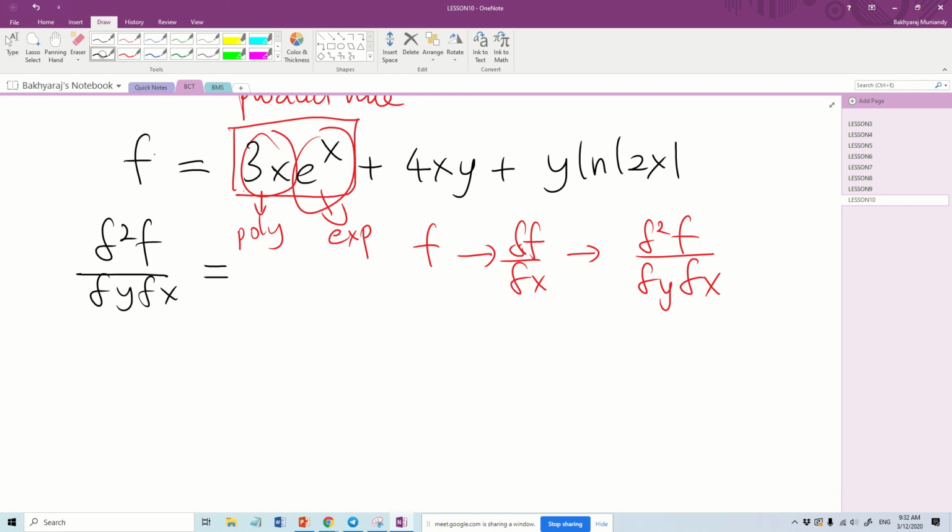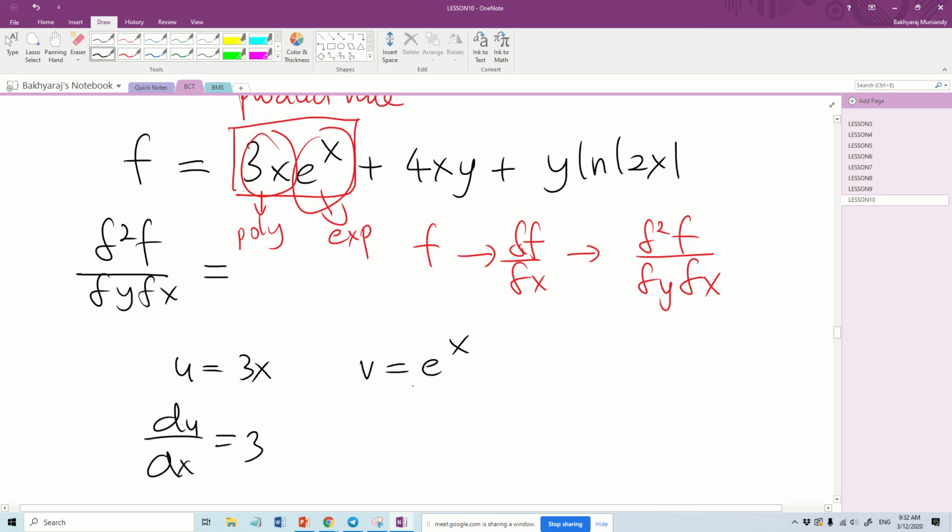Okay, so I go for the answer. First get your u equals 3x and du dx becomes 3. v is equal to exponent x and dv dx equals exponent x. Cross multiply.